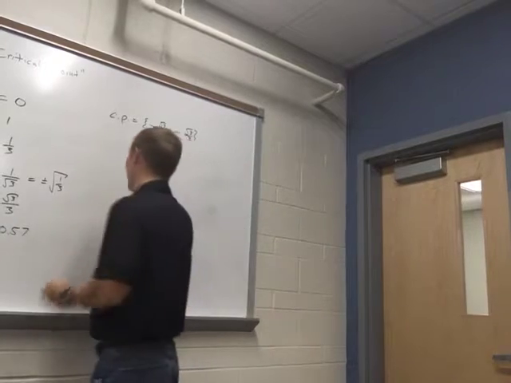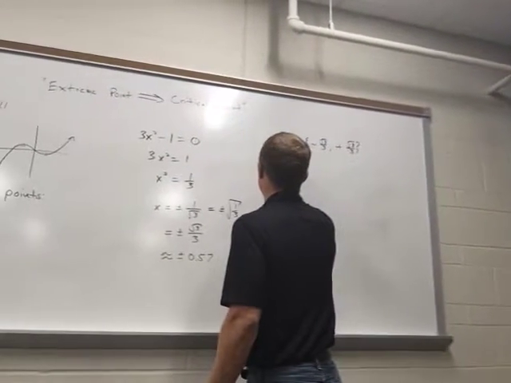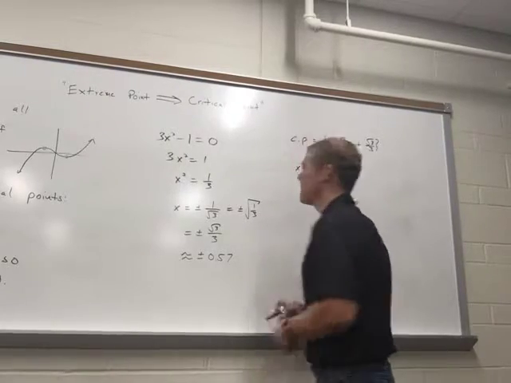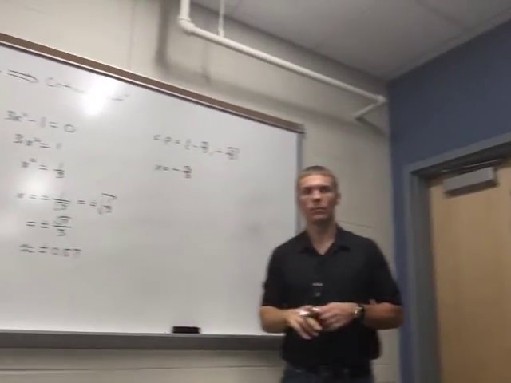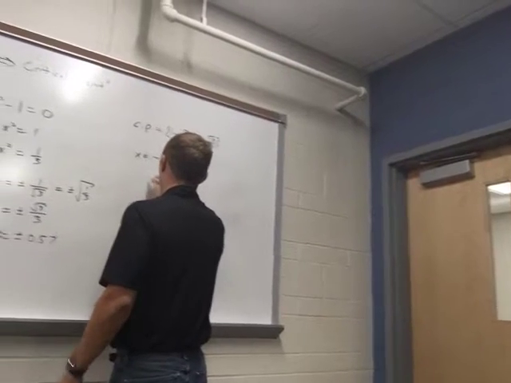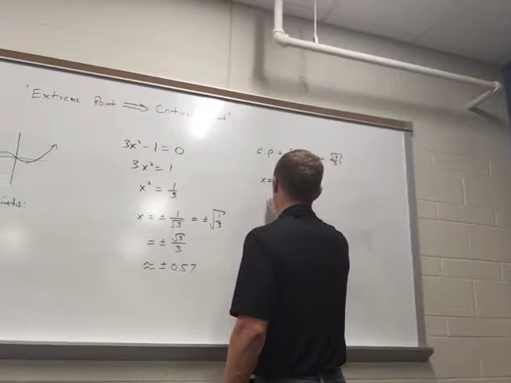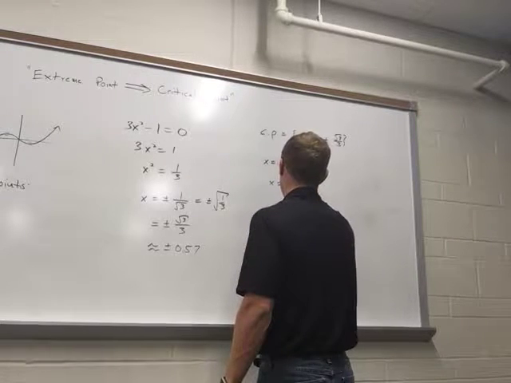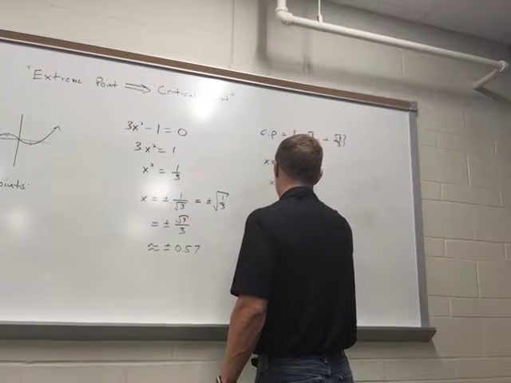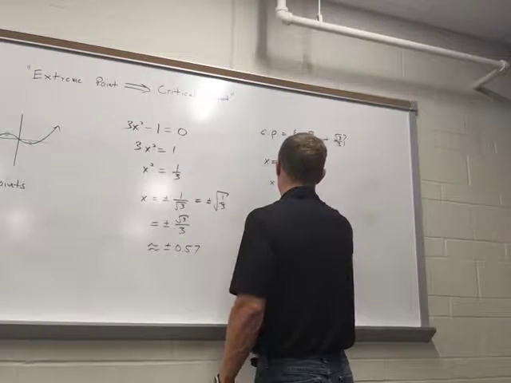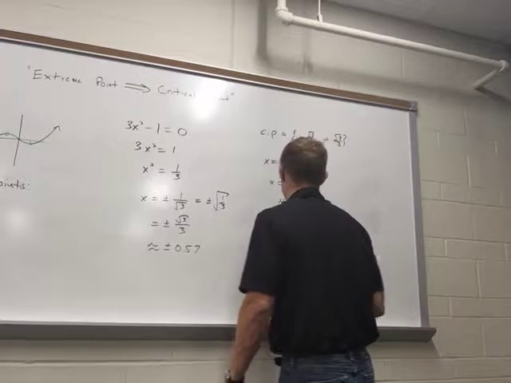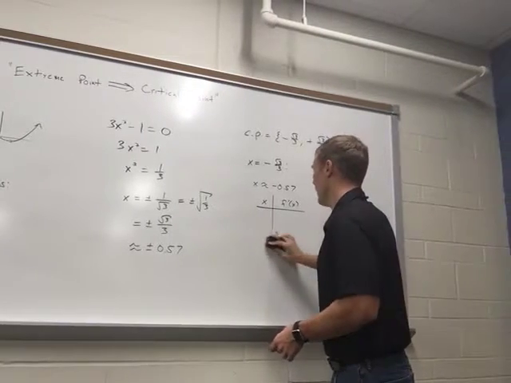So we simply now test it. If x equals negative root 3 over 3, we're going to see what happens. Again, x is approximately negative 0.57, and I make a table of x and f prime of x for values that are nearby.